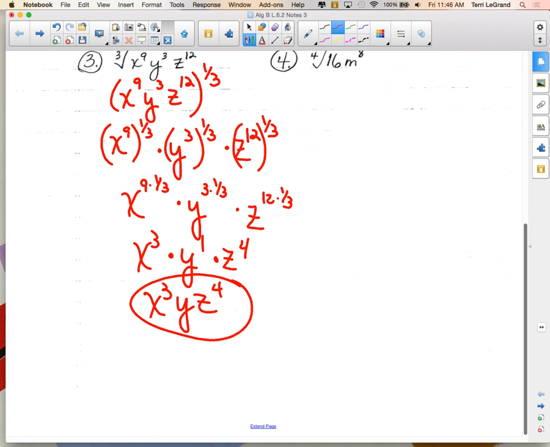I have a question. Yes, Cody. When you get to where you have x to the 9 times 1/3, so this step right here, can we just skip to put them in parentheses or put them into the first unit of fractions like 9/1? Can we just skip to that? Yep.